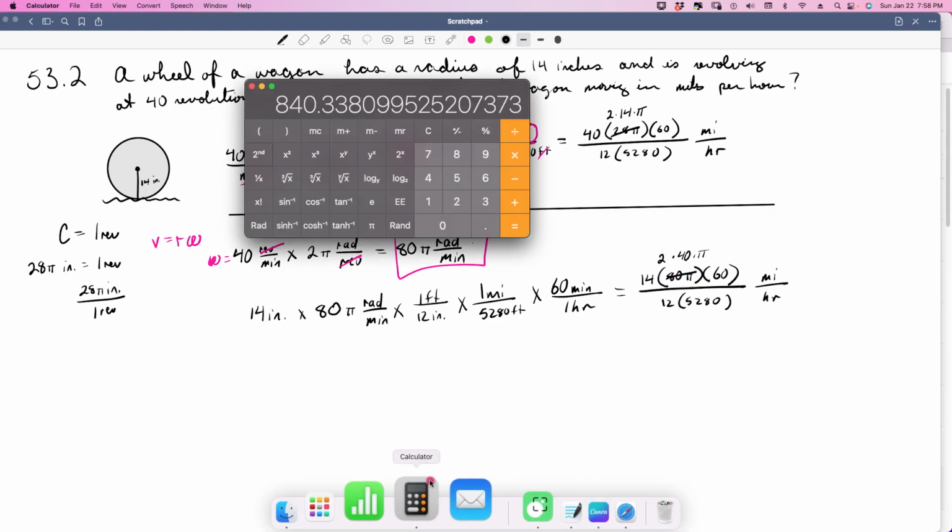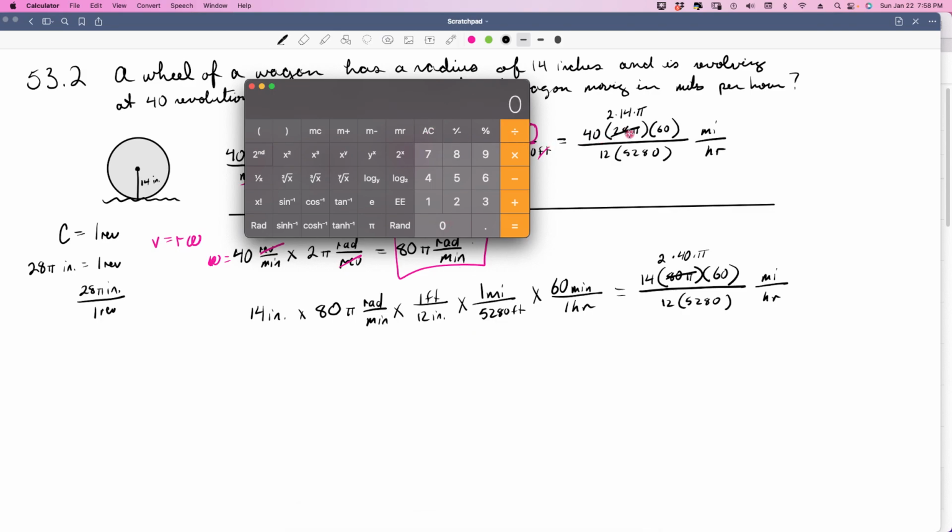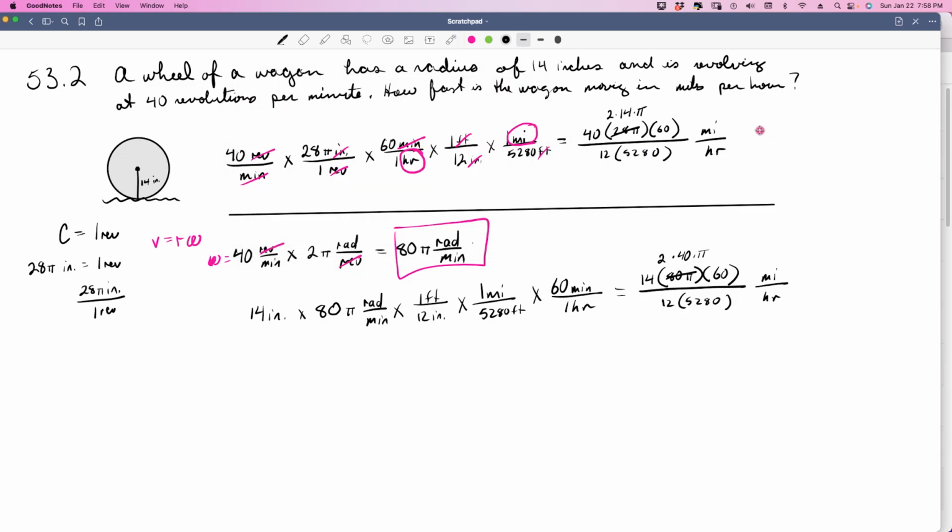So what this would look like for both of these, if you go back, this is 40 times 28. So it'd be 1120 pi, right? So 1120 pi times 60 over 12 times 5280, and that's miles per hour.